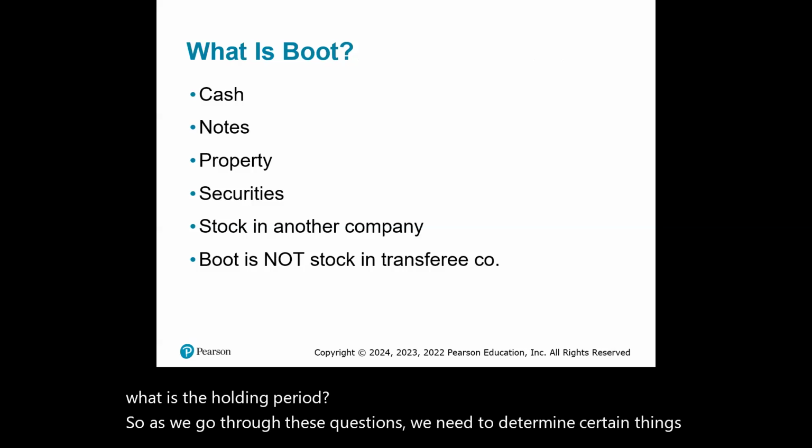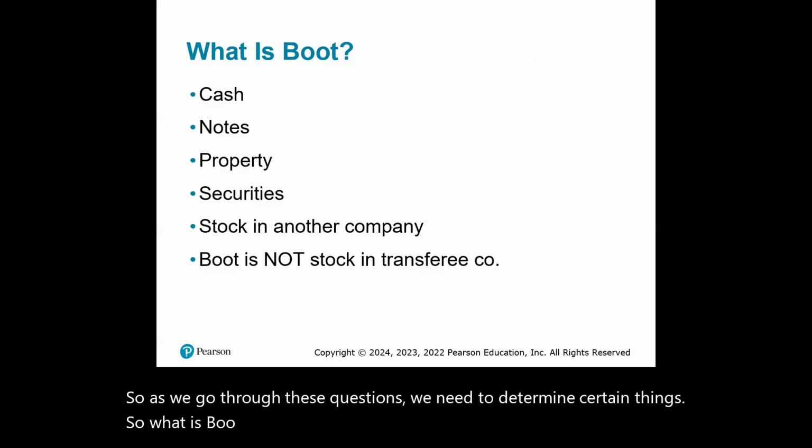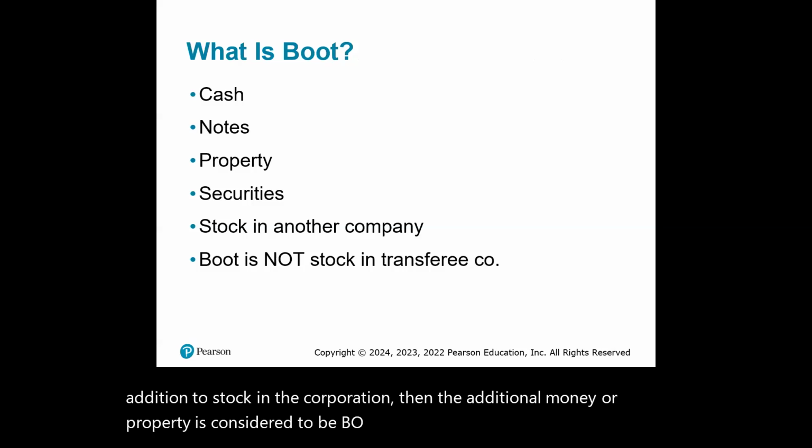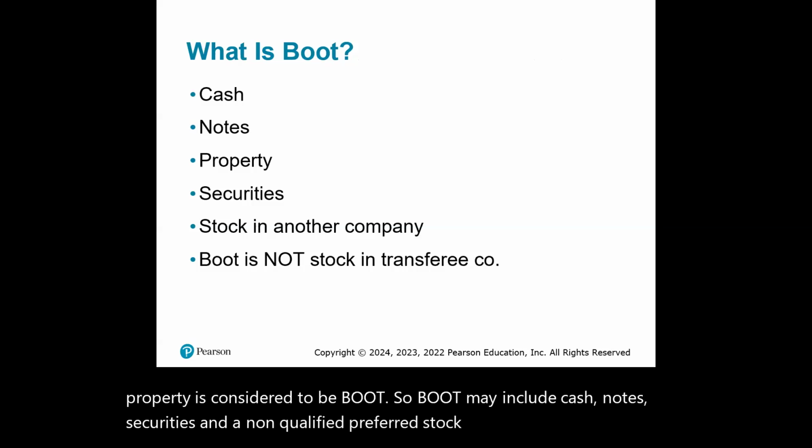So what is boot? If a transferor ever receives any money or property in addition to stock in the corporation, then the additional money or property is considered to be boot. Boot may include cash, notes, securities, any non-qualified preferred stock, or stock in another corporation.